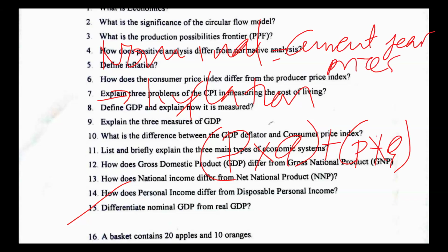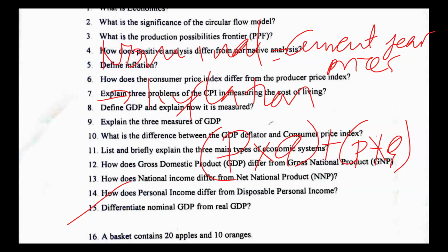So we use current year quantities and current year prices to measure this GDP. It's called the nominal GDP. We'll do a practical example for you to know what nominal GDP really is and what the difference is.